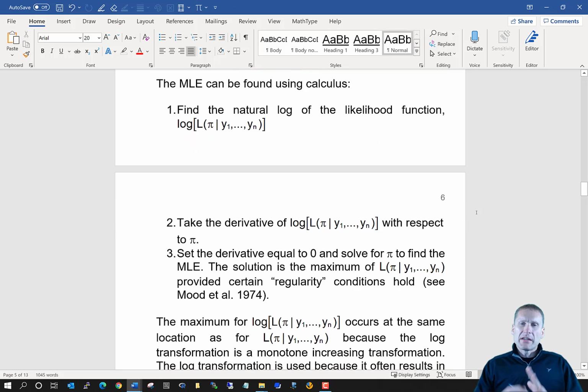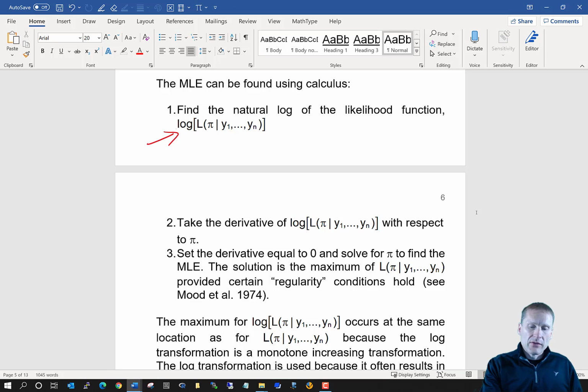So let's talk about then the general way using calculus that we can find that maximum likelihood estimate. The value of pi that maximizes our likelihood function. So the first thing that we're going to do, and while we don't need to do this step, we're typically always going to do it because it makes the math work a lot easier. The first thing that we're going to do is we're going to find the natural log of the likelihood function.